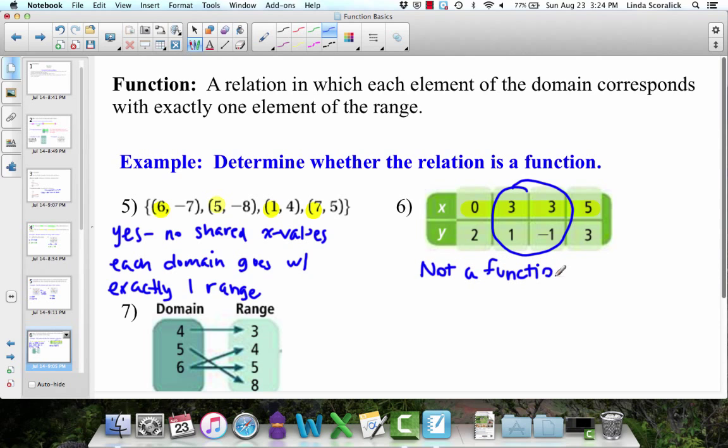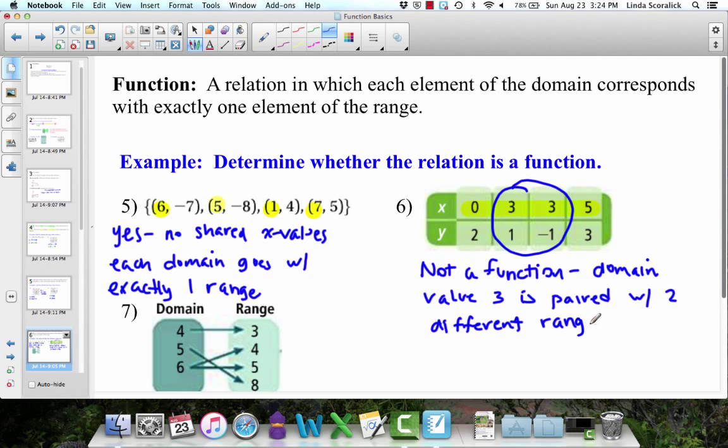And the reason that this is not a function is that the domain value 3 is paired with 2 different range values.